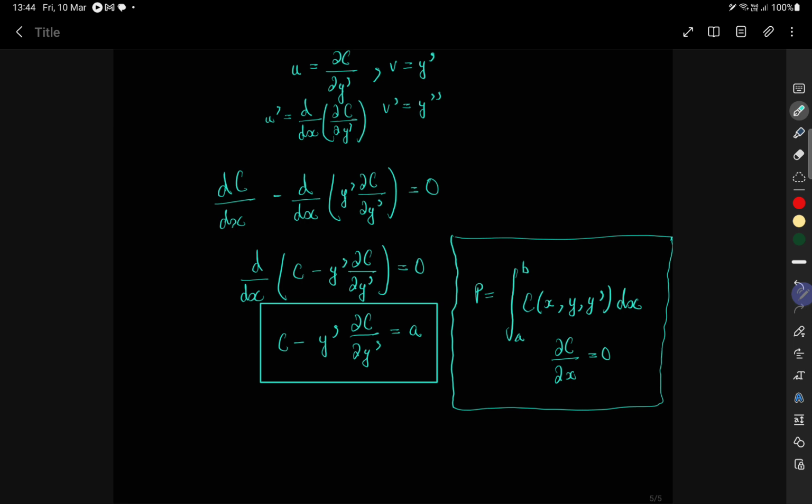So basically minimizing t. There, what you do is you try to minimize t by expressing it as an integral of potential energy.